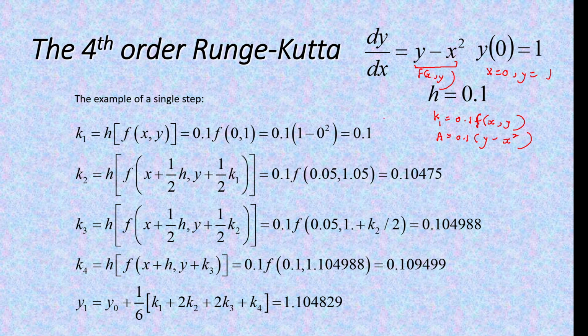Later on, k2 is still the same function f of x, y. However, x is replaced by x plus h over 2, and y is replaced by y plus k1 over 2.